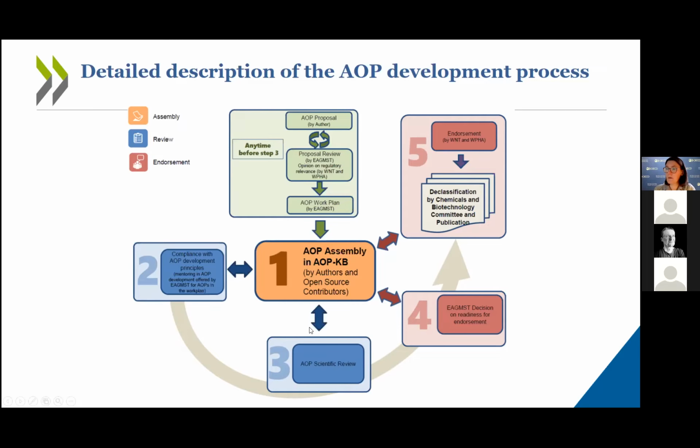Then comes the AOP scientific review, followed by the endorsement phase. The endorsement by the OECD is a multi-step process, which includes EGMUST approval. EGMUST is the expert group overseeing the AOP development program, and this is followed by the endorsement and declassification by higher committees, and then the publication.